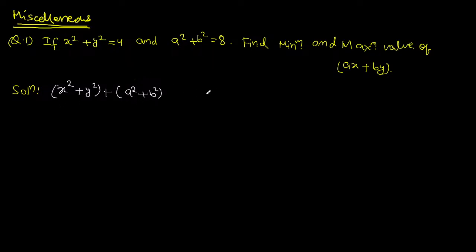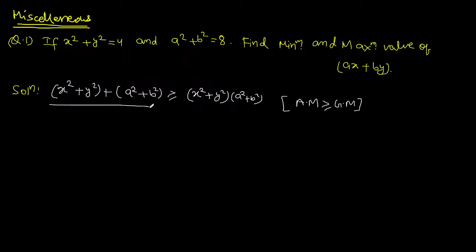We should know the identity: arithmetic mean is bigger than or equal to geometric mean. So this is bigger than or equal to (x square plus y square) into (a square plus b square) to the power 1 by 2. We will study this in sequences and series, but for now we will skip this one.